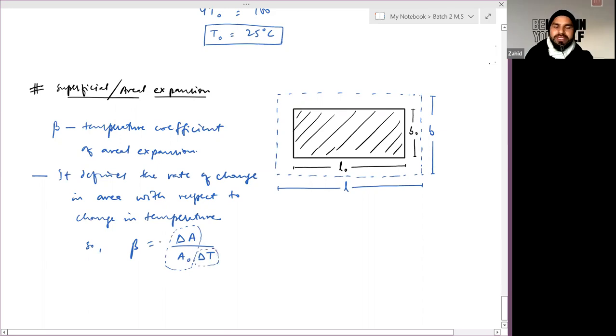So we may define beta as the ratio of fractional change in area to the change in temperature.